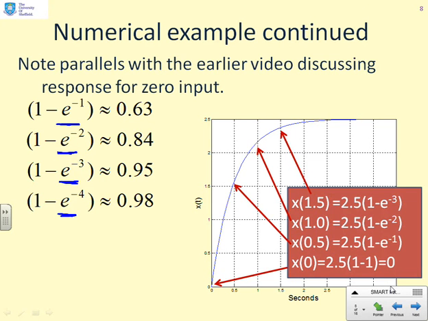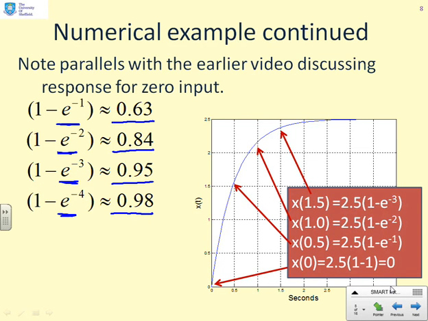And we'll give a similar expectation for 1 minus e to the minus 1. So there we go, it comes out as 0.63. 1 minus e to the minus 2, 0.84. 1 minus e to the minus 3, 0.95, 1 minus e to the minus 4, 0.98.